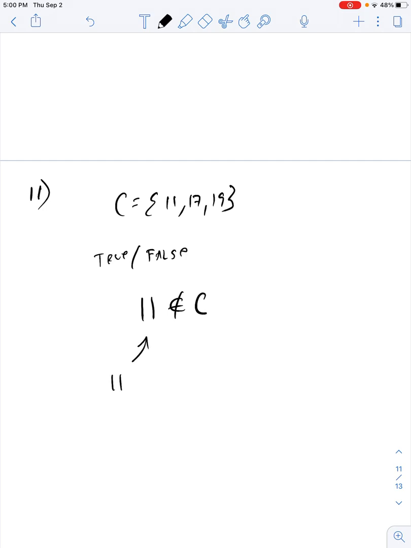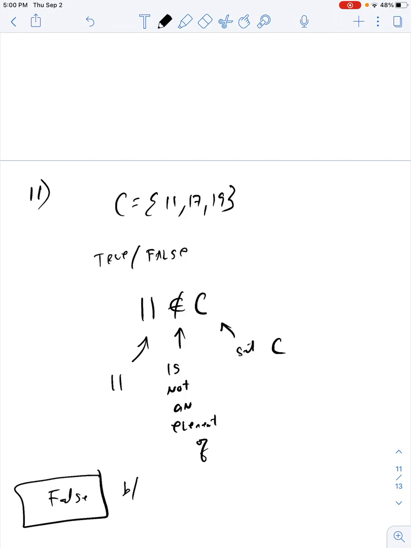This reads 11 is not an element of set C. We see that this is false because set C has 11 in it. Right? So a false statement there.